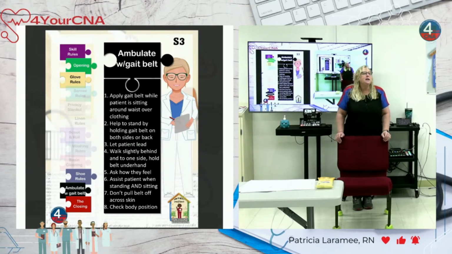So energy conservation in the elderly is way more important than you realize. It's going to affect their nutrition. It's going to affect their daily habits. It's going to affect their mental status. It's going to affect their ability to process emotions and things that are happening.